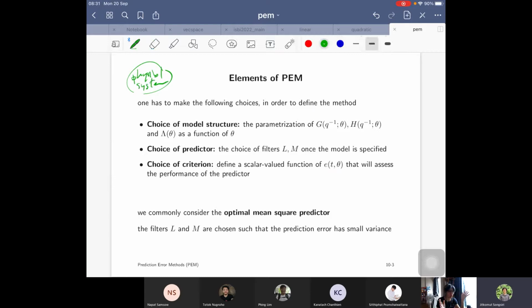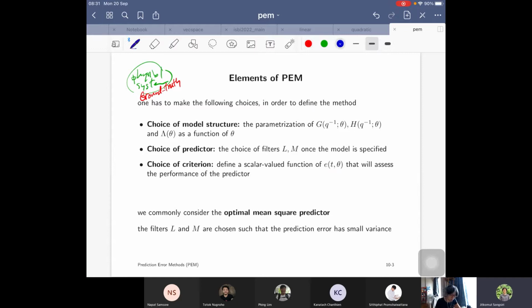You have a physical system. I can also use the term ground truth. This is like the real system that you never know. You never know its exact mathematical description. The ground truth relationship can be non-linear, can be linear, you don't know.